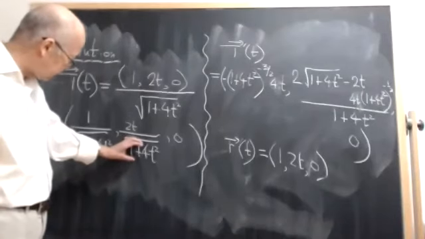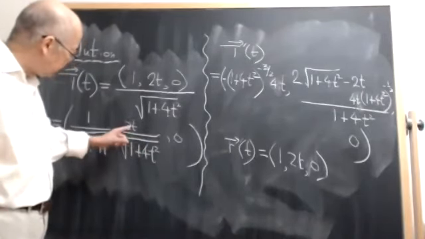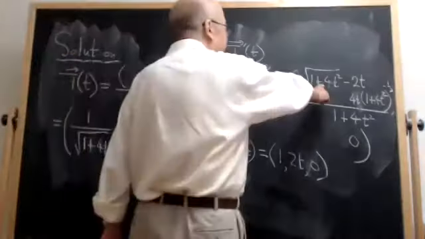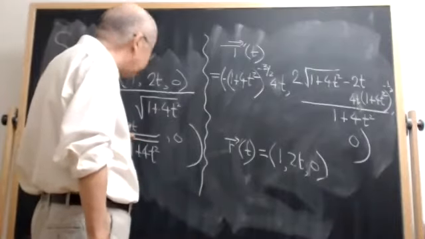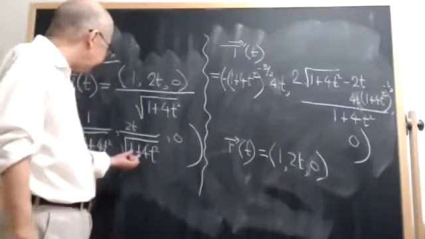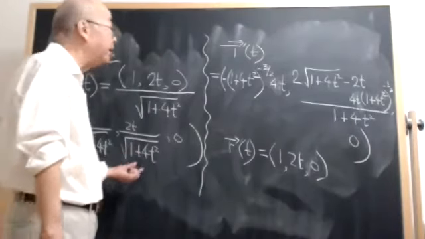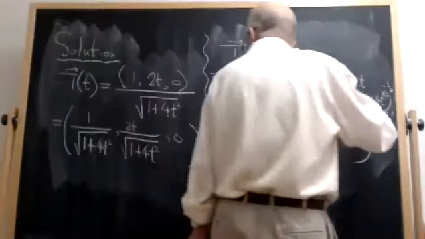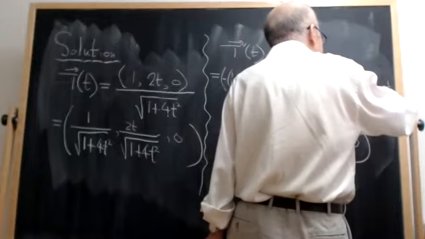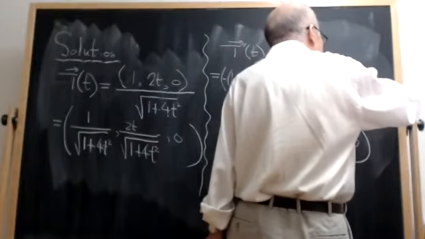So the quotient rule is this: take the denominator, you differentiate the numerator. That's it. And then I subtract the numerator, and then I differentiate the denominator, which is 1/2 times 1 plus 4t squared to the power minus 1/2.